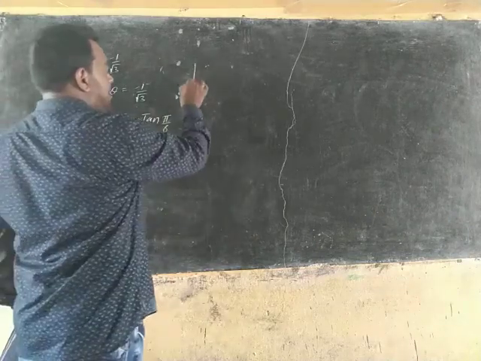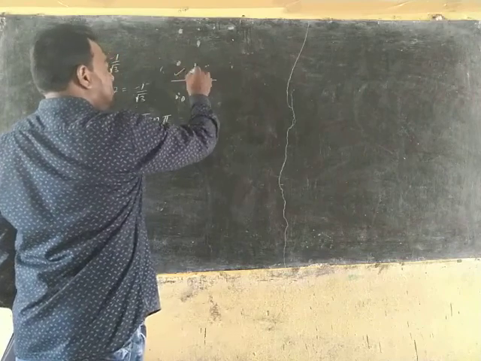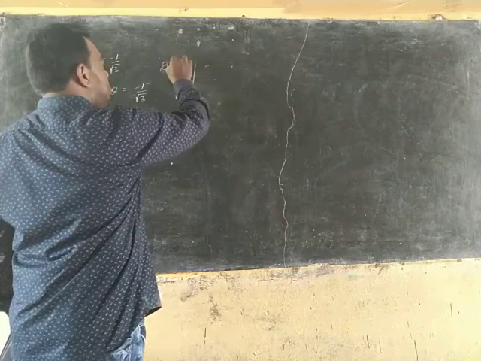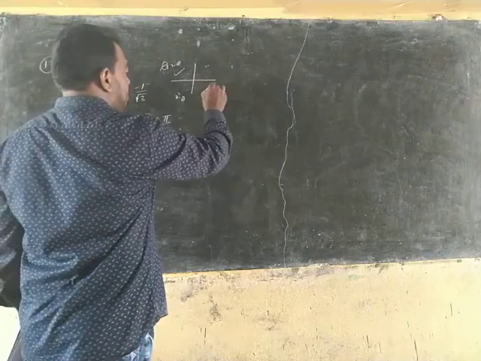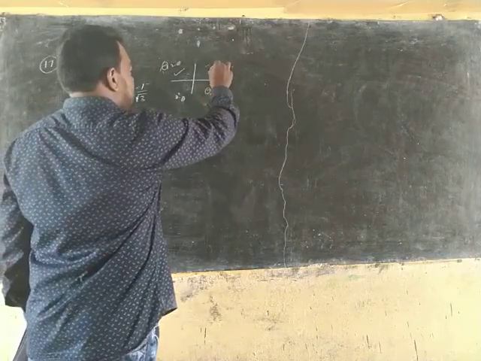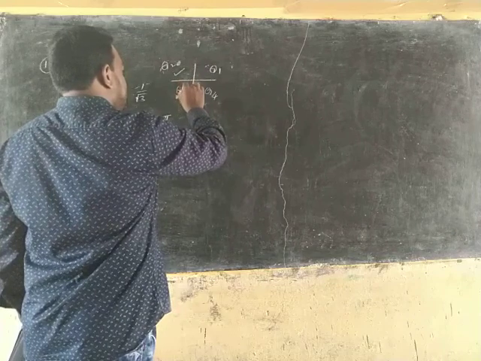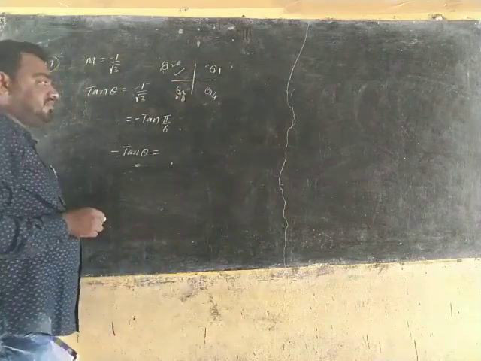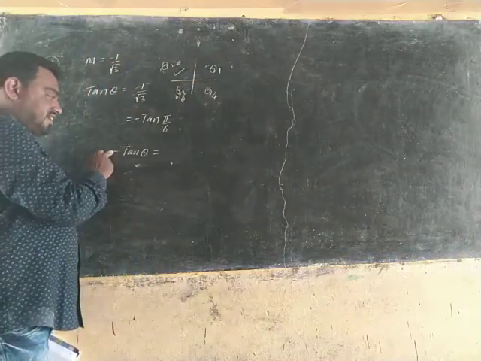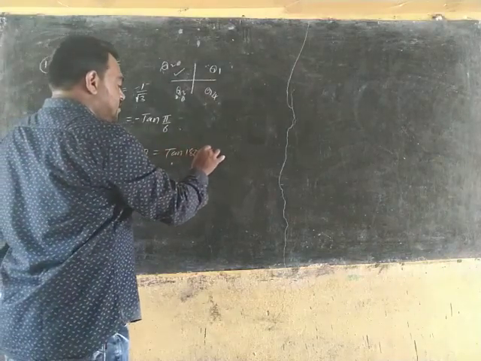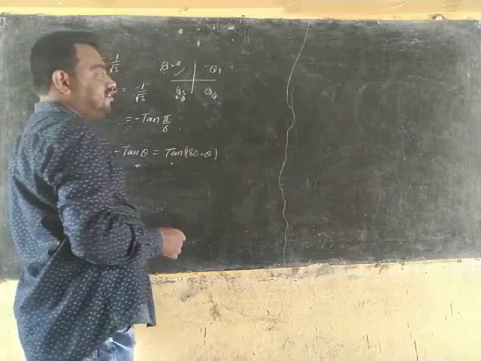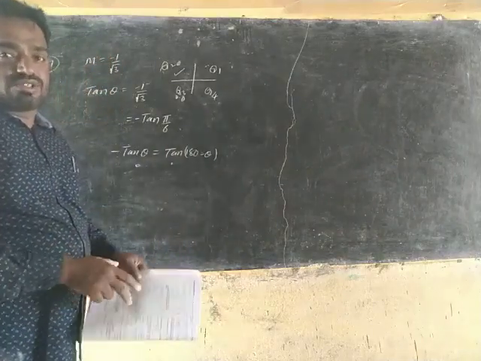So it is in the form of minus tan theta. In the second quadrant, Q2, the tan function is negative, and in the fourth quadrant also the tan function is negative. Here we can write minus tan theta is equal to tan of 180 minus theta, or tan of 360 minus theta also.